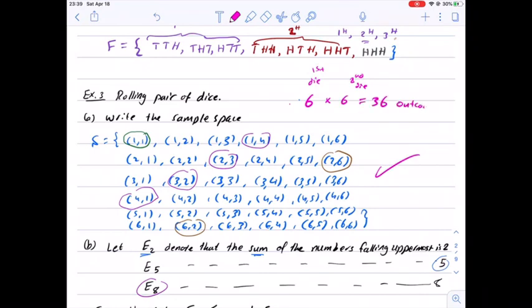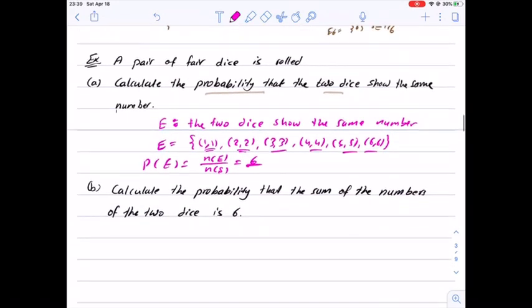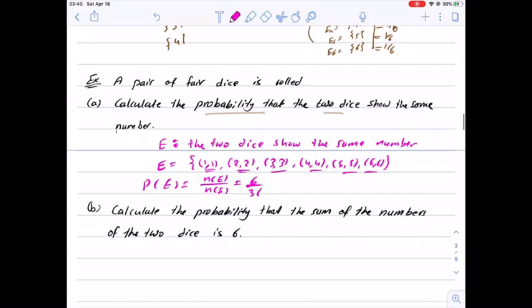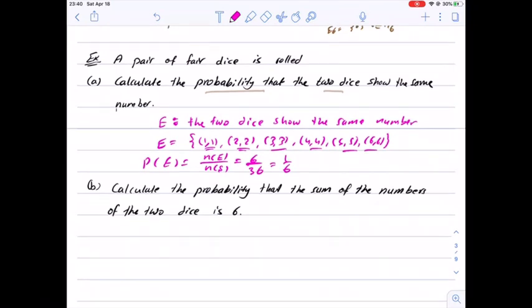So we multiply the outcomes, we get 36 outcomes. That's the size of the sample space, and then we simplify to get 1/6.